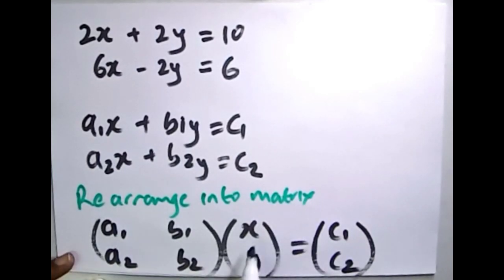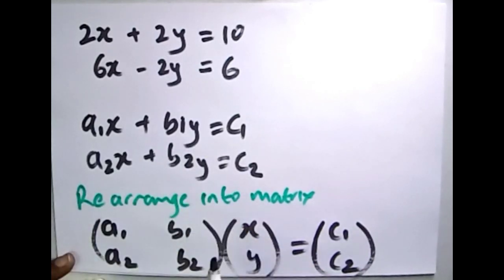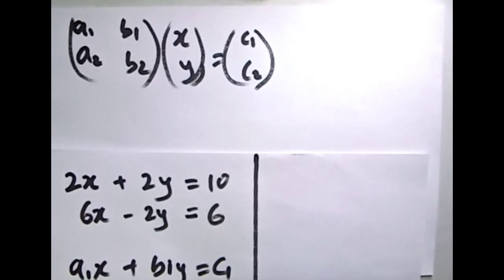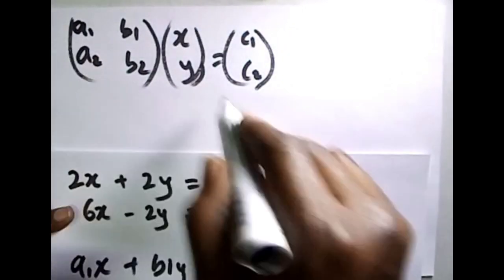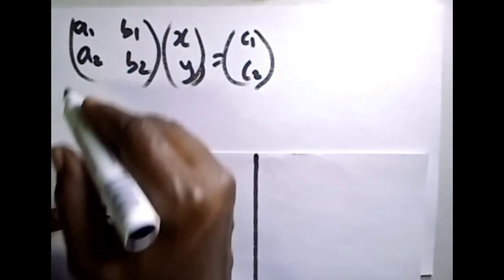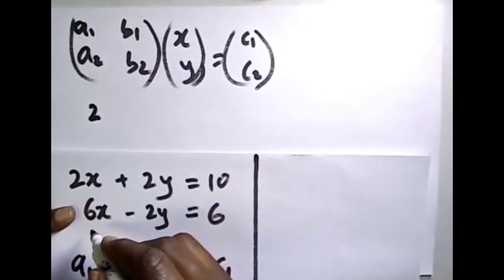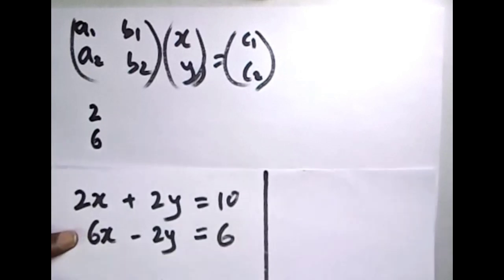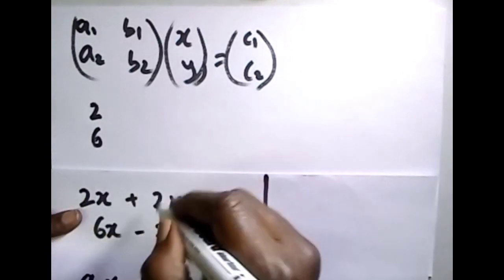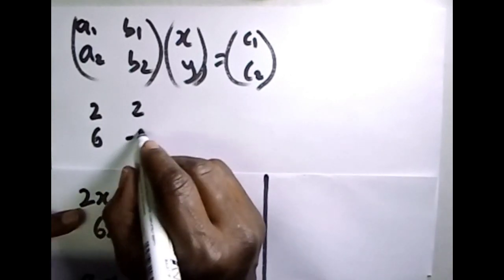Yeah, if you multiply this matrix out, you will get the same set of equations. Just take note. Now I want to use our original equation to fix in the values into this matrix that we have. So A1 is 2, A2 is 6, B1 is 2, and B2 is minus 2.